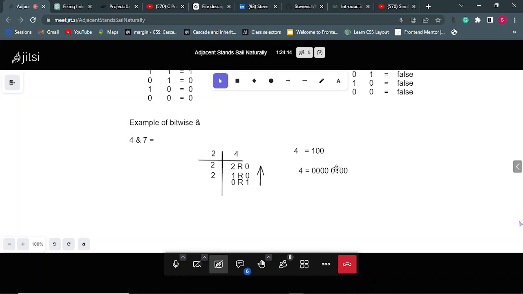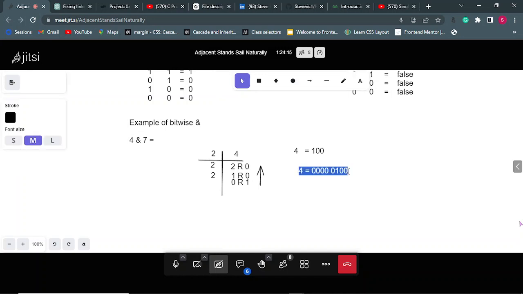All this from here to here is binary, but a single one of it is a bit. Do you get that? I understand now.